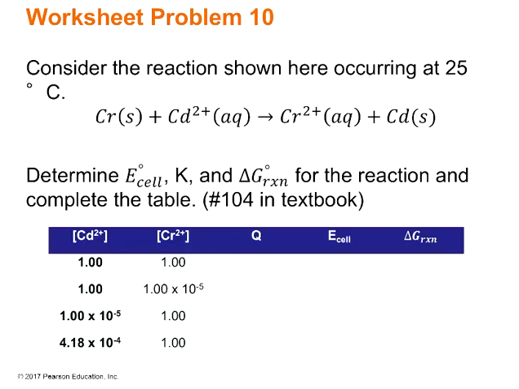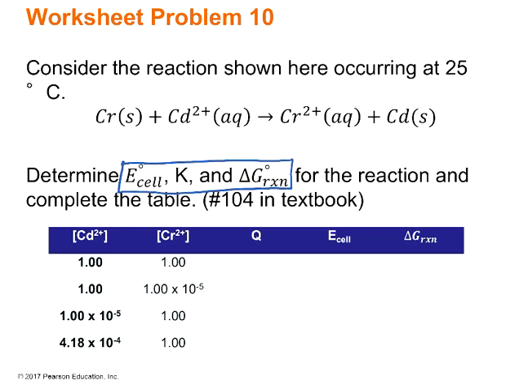And you're going to consider the reaction shown below, where chromium reacts with cadmium ions to produce chromium ions and pure cadmium. Now for this problem, you're going to first calculate the cell potential under standard conditions, the equilibrium constant, and Gibbs free energy under standard conditions.